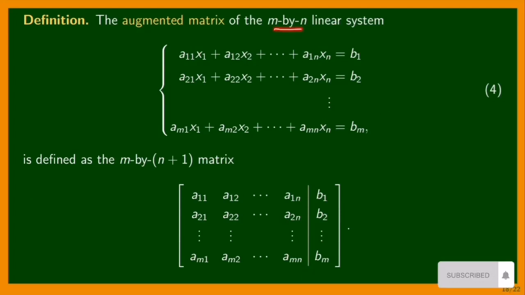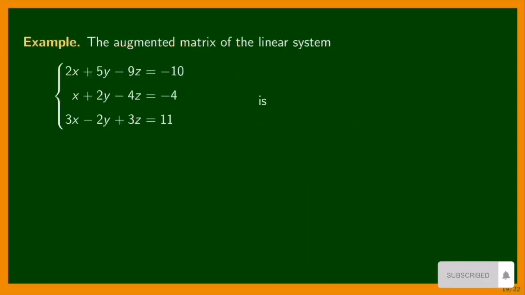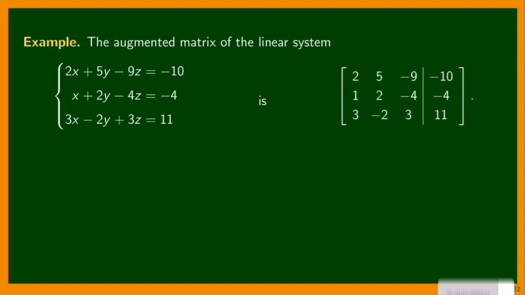Take note that if the system is m by n, the augmented matrix is m by n plus 1, because we're adding one more column for the vector of constants on the right hand side. For example, for this linear system, if we delete the unknowns and let the matrices work for you, it looks like this. This is the augmented matrix of the linear system.